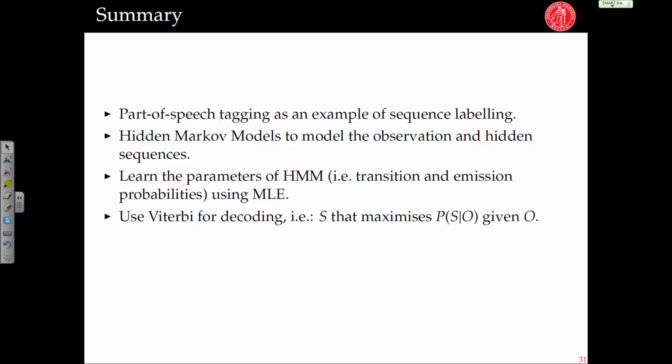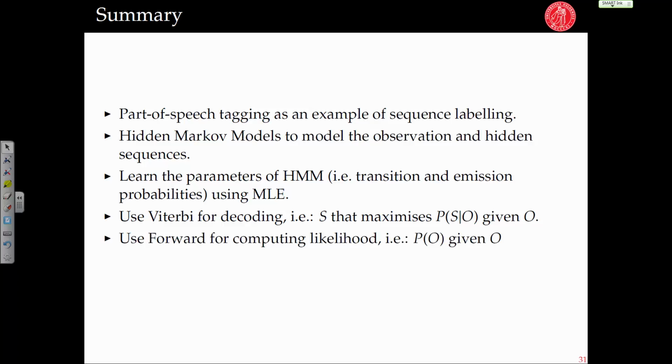We use the Viterbi algorithm for decoding, meaning when we are interested in finding the hidden state sequence S that maximizes the probability of a hidden state sequence given the observed sequence.